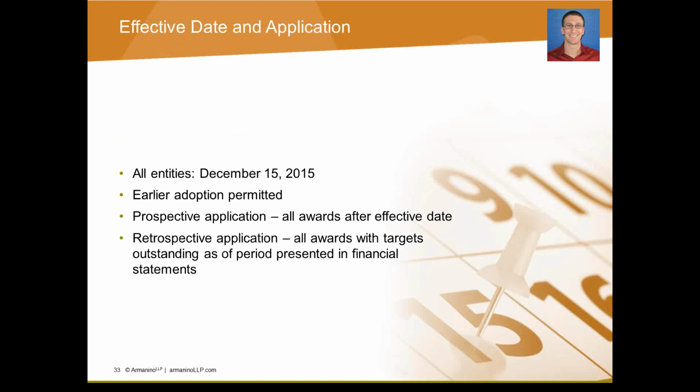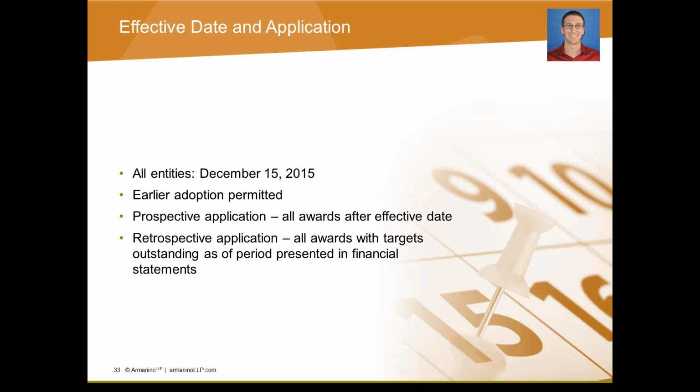So basically, starting December 15th of this year, 2015, you have to begin to adopt this. You could also adopt it earlier and retroactively if you want to, and you have to present everything in the financial statements accordingly, or for any awards that have performance conditions after December 15th, you'll have to apply this principle.